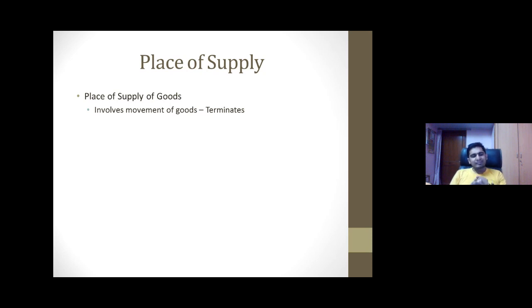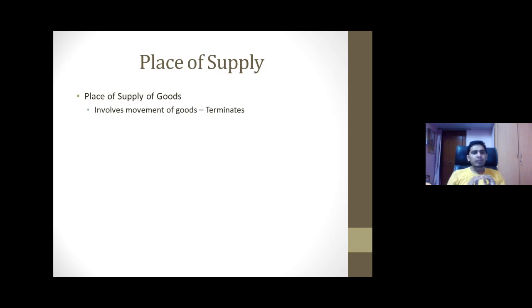Now, let us take three examples. Case 1, you purchased biscuit from a shop and ate the biscuits then and there at the shop itself. Was there any movement of biscuit?